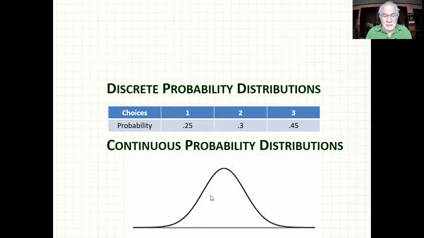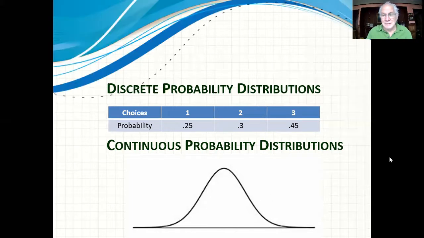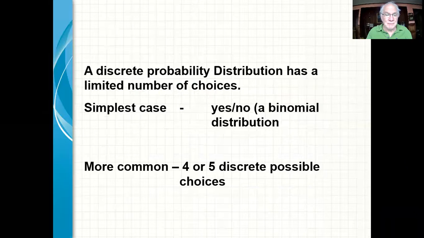In a continuous probability distribution, you could have 1 or 1.5 or 1.75 or 1.93, or all the different points between 1 and 2 are possible. That's the key difference. Discrete probability distributions, the simplest case of those is a binomial distribution.